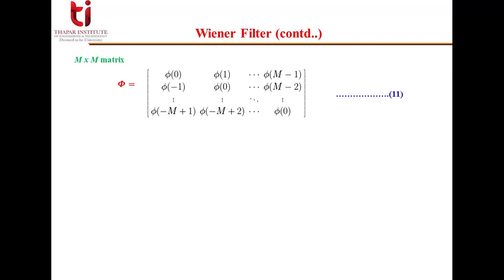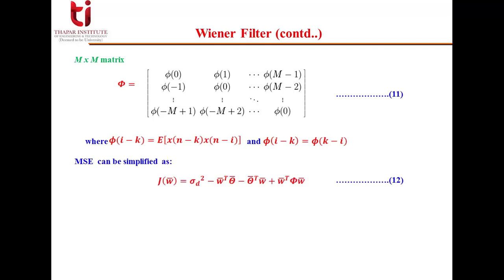So we don't need all the values, only phi 0 to phi M minus 1 are sufficient. As I mentioned, that is a commutative kind of operation. With this, the equation for the mean square error can be simplified by keeping all the values of the different terms.